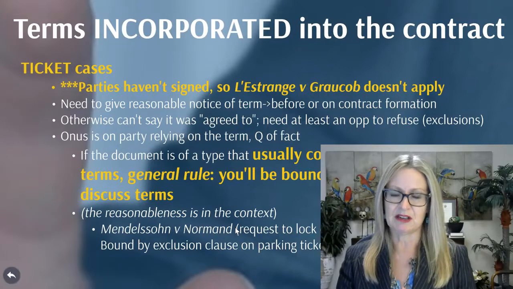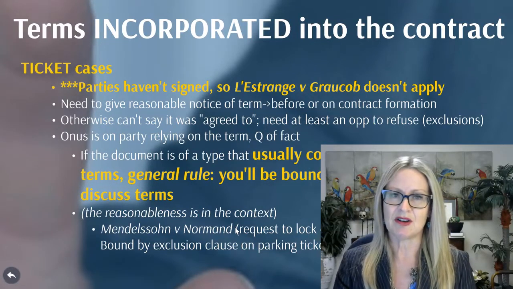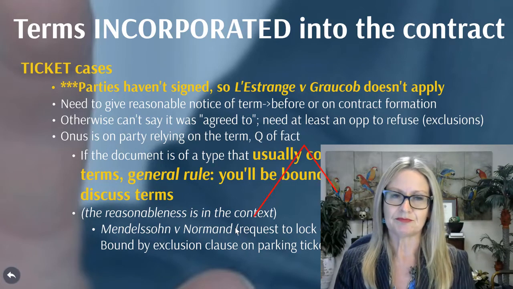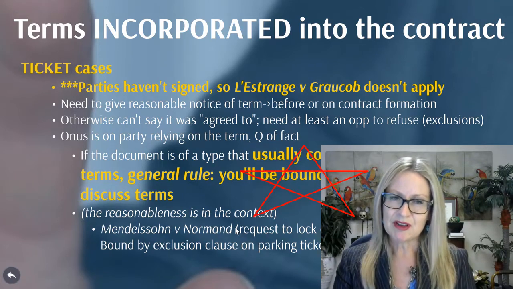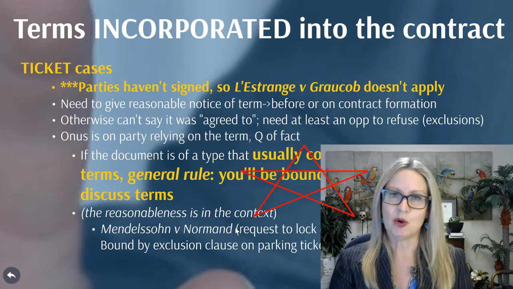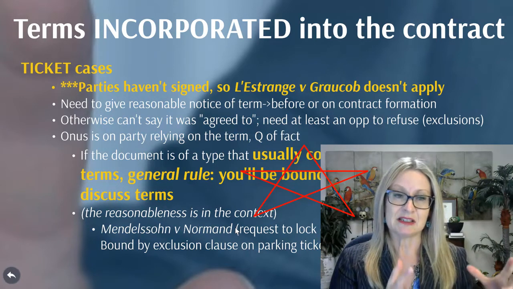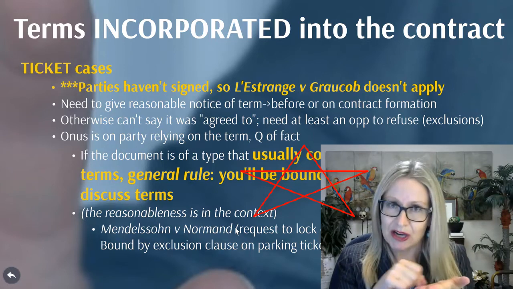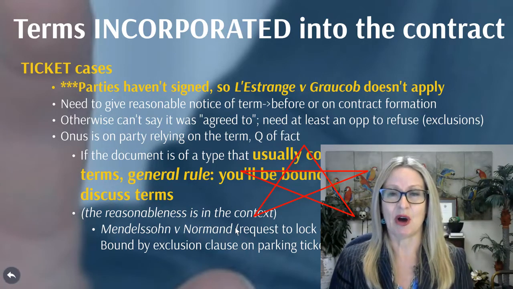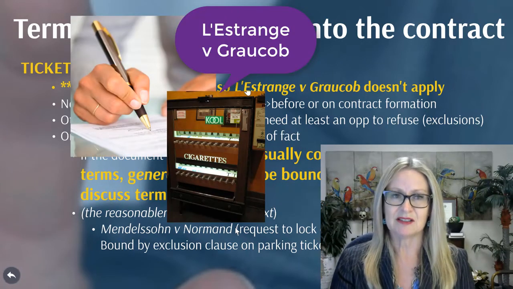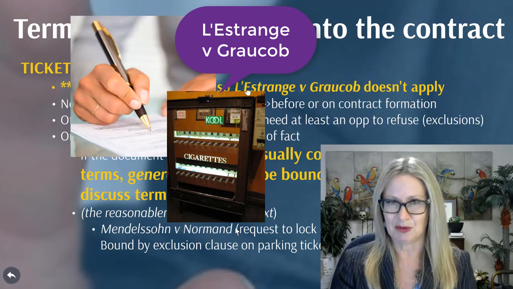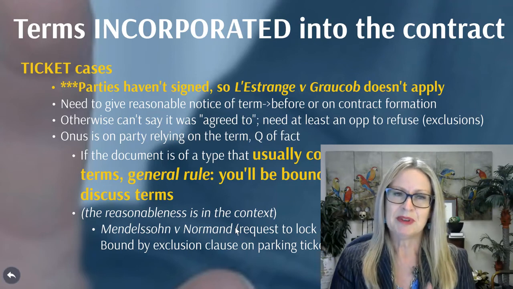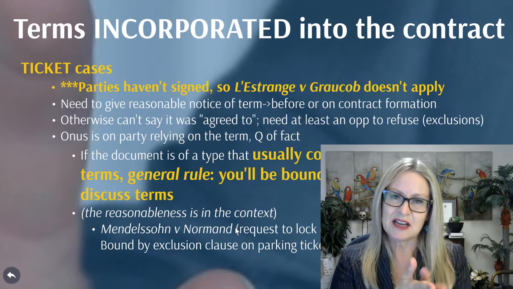In terms of the ticket cases, what you need to do is kind of take stock of where we are. It's one thing to say that a term is incorporated into the contract because it is part of the main body of contract terms and it's been signed off by the parties. So the whole L'Estrange and Graucob scenario, obviously the term is incorporated into the bargain at that point. But then we saw a step away.